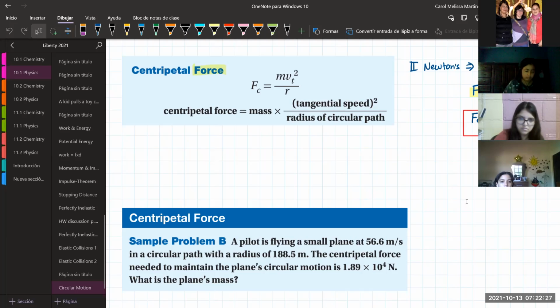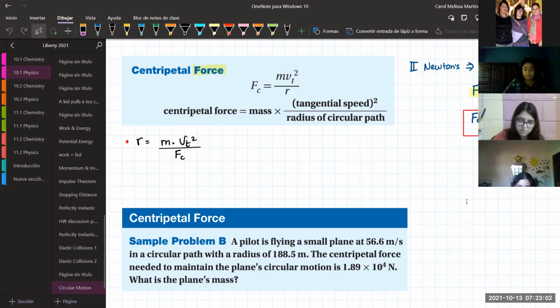And all you do after are the isolations. So in case you want to know the radius, radius and force just exchange positions. So this is going to be mass times tangential speed to the second power divided by centripetal force.